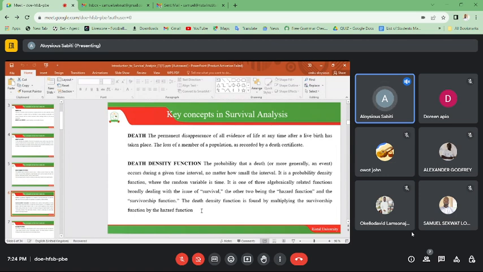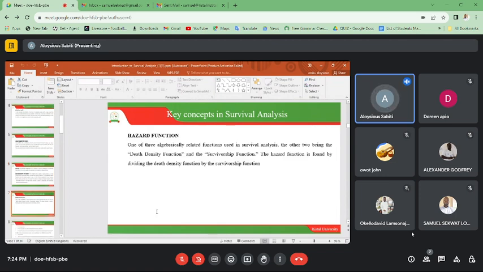So it is one of the three, like we said, related functions broadly dealing with the issue of survival. And again, the others are the hazard function and the survivorship function. So the death density function, we also look at the aspect of time, and it does not matter whether it is a small interval or a large interval.